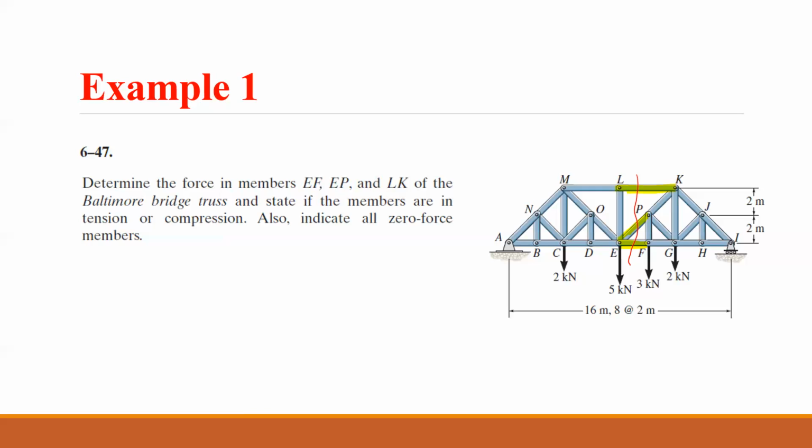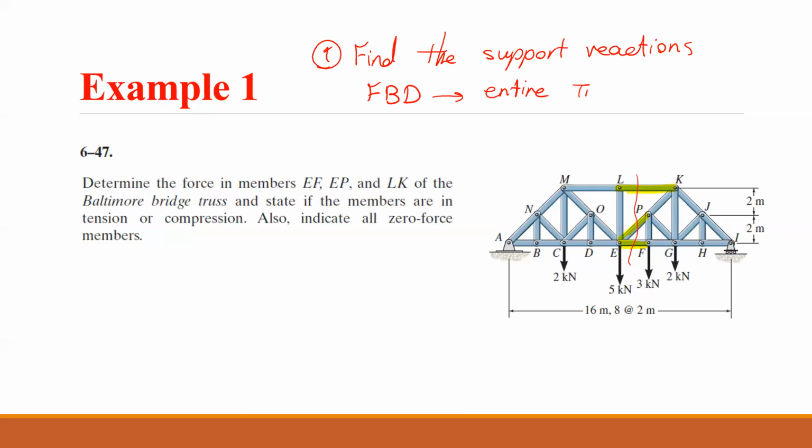Before everything, we need to find the reactions, as the first step is to find the support reactions. We need to consider the free body diagram of the entire truss.